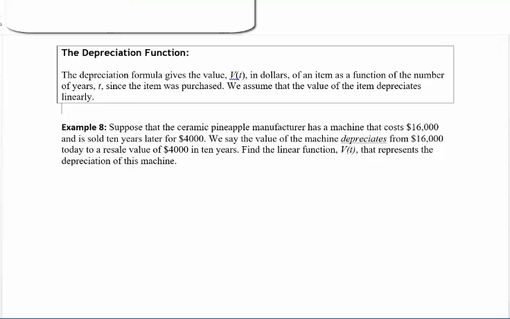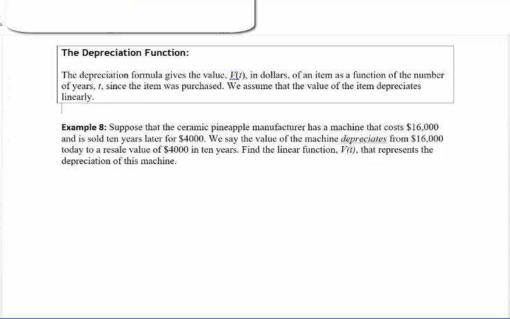Suppose that the ceramic pineapple manufacturer has a machine that costs $16,000 and is sold 10 years later for $4,000. We say the value of the machine depreciates from $16,000 today to a resale value of $4,000 in 10 years. Find the linear function v of t that represents the depreciation of this machine.